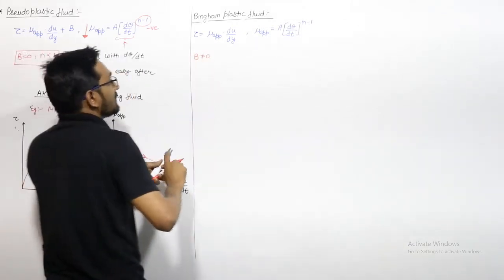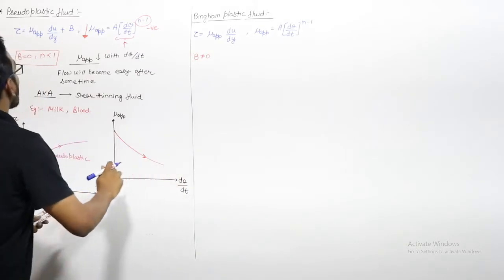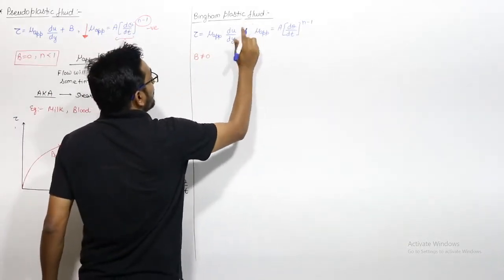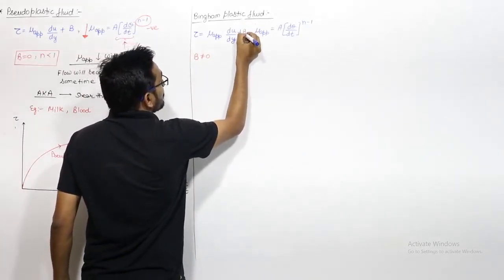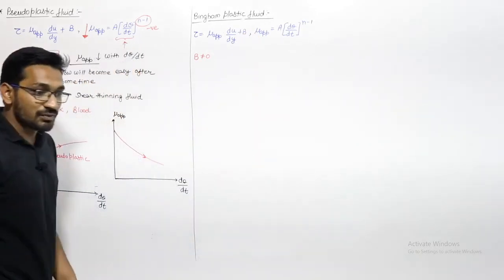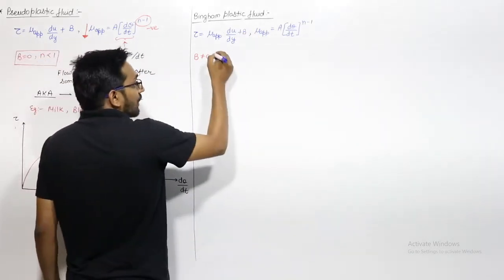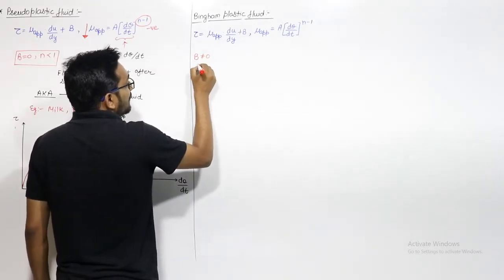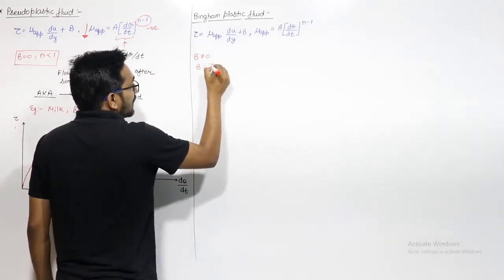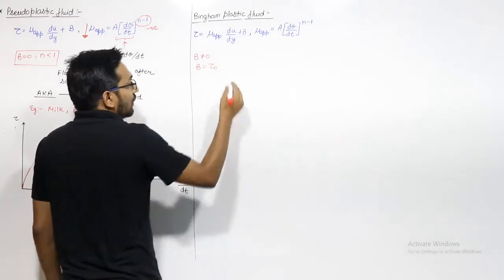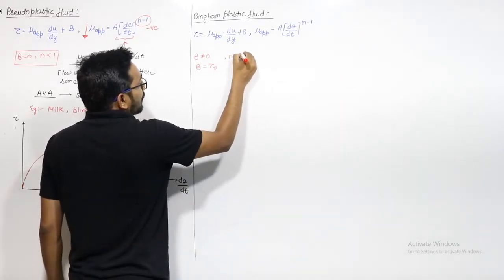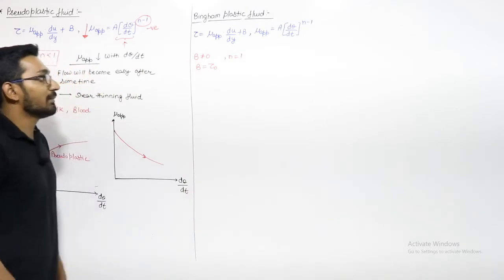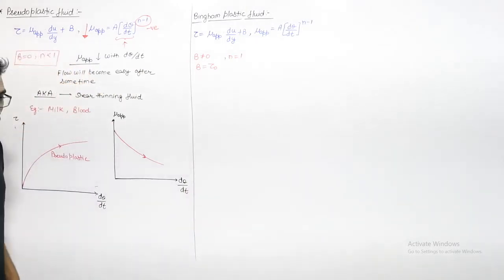B will be equal to some shear stress tau naught, and n will be equal to 1.